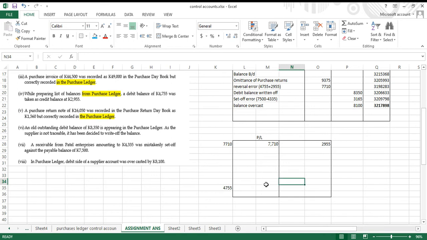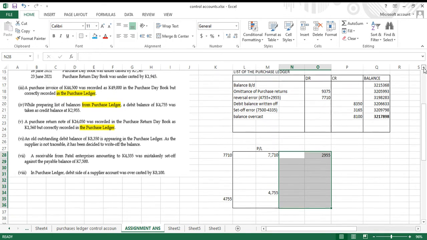7,710 minus 2,955, we get 4,755. So we've corrected the error. We'll have a 4,755 on our debit side, and this 2,955, which wasn't supposed to be there, has been cleared off.